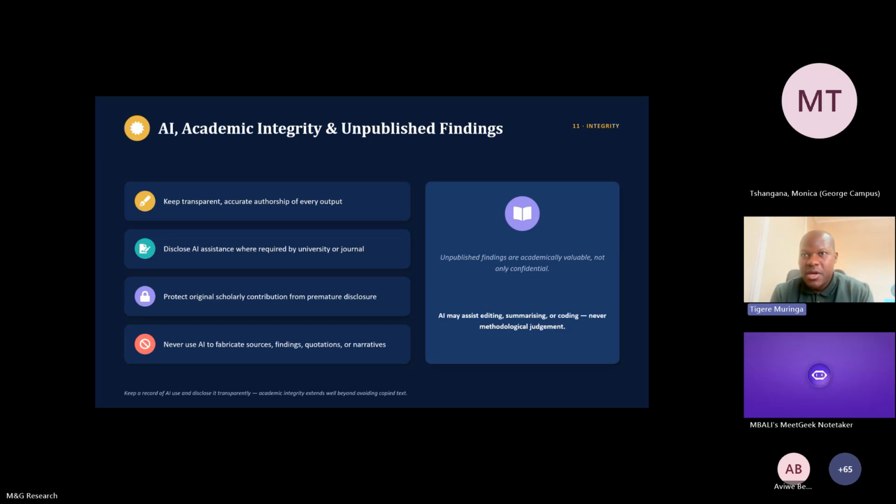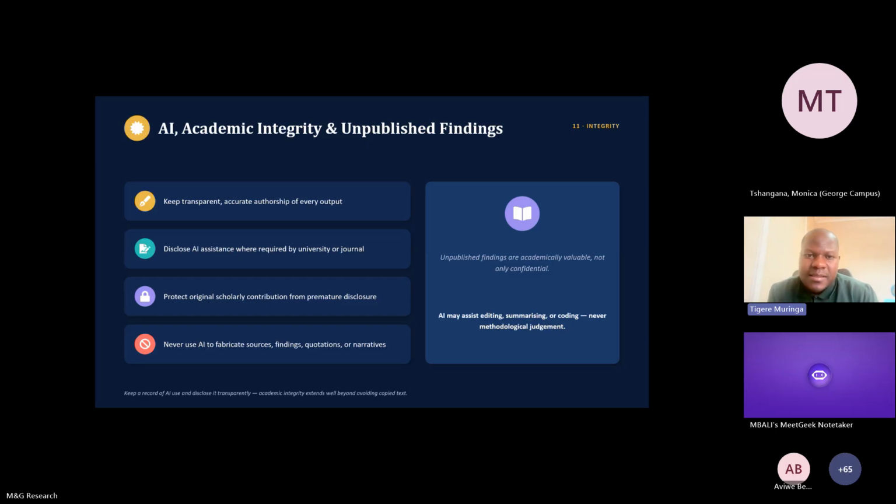You need to keep a record of all the AI assistance that you've used. And unpublished findings are too valuable to prematurely put them out there. We need to be very proactive and precautionary.